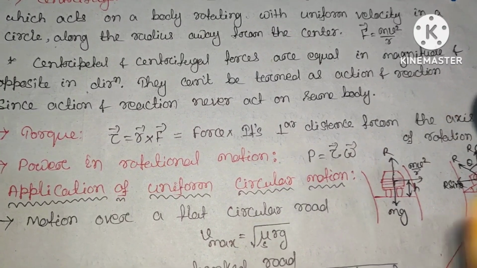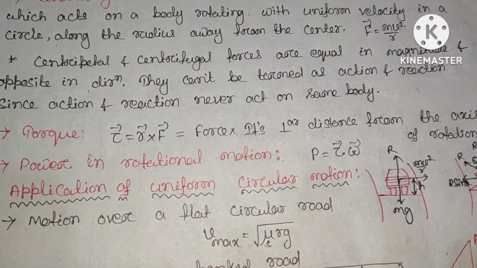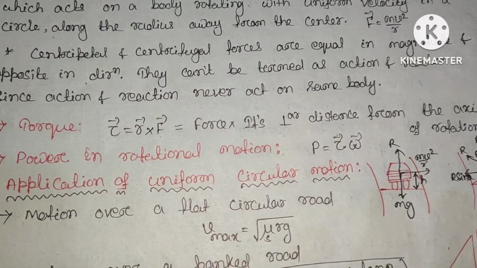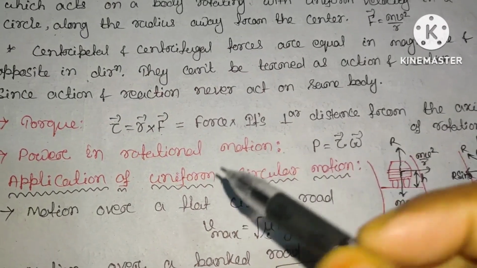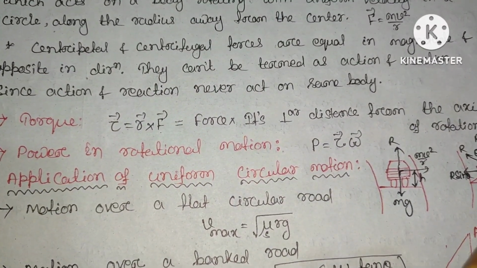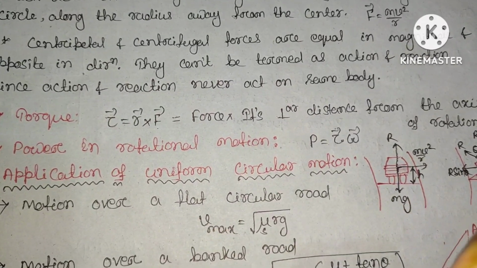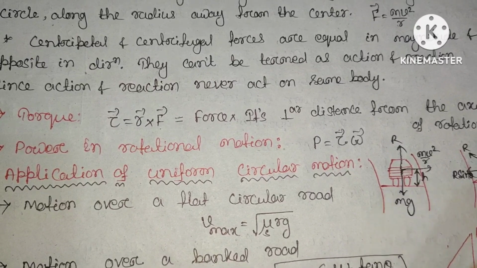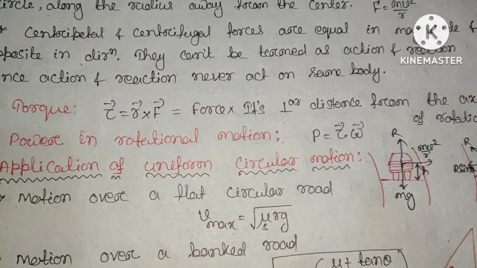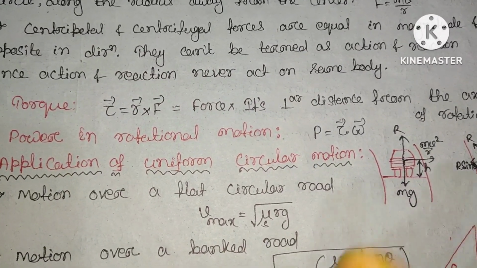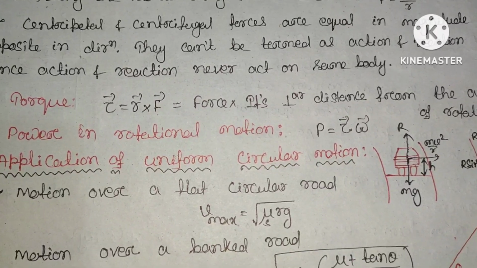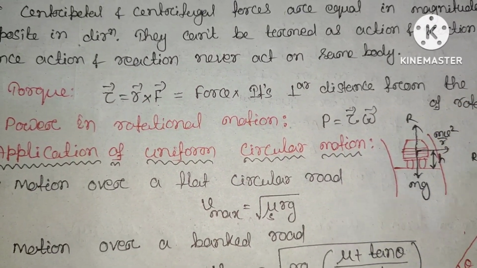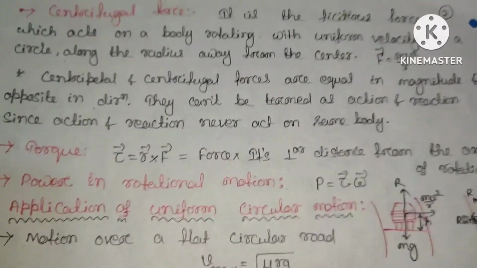As the forces of action and reaction are always equal and opposite, the magnitude of the centrifugal force is mv square by r, since the centripetal force is mv square by r. The direction of centrifugal force is opposite to the direction of centripetal force. In other words, the centrifugal force acts along the radius and away from the center of the circle.